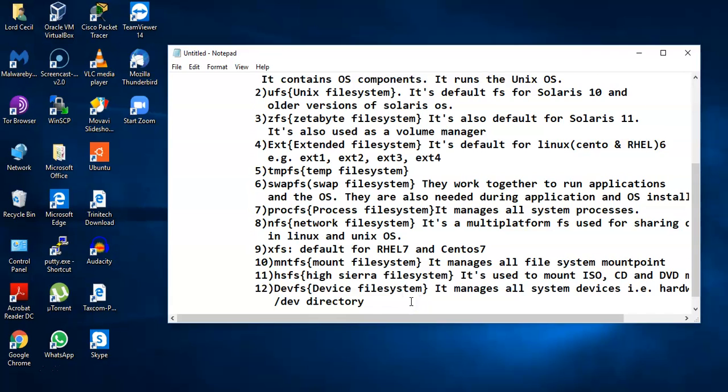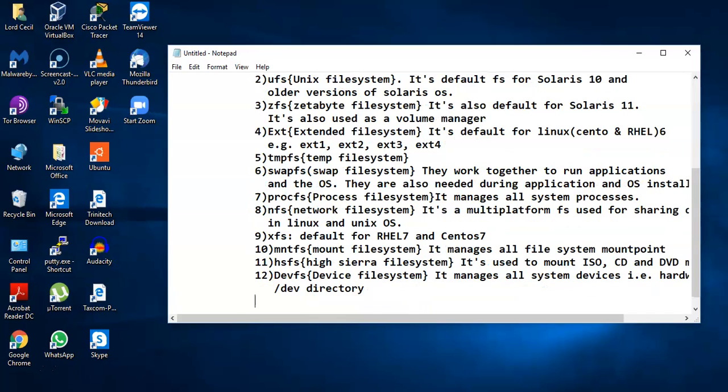The second directory is /devices. The /devices directory contains physical names of system devices. The first one contains logical names, while this one contains physical names.